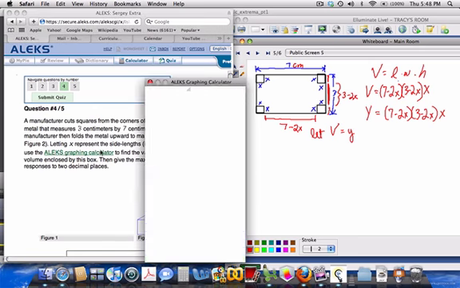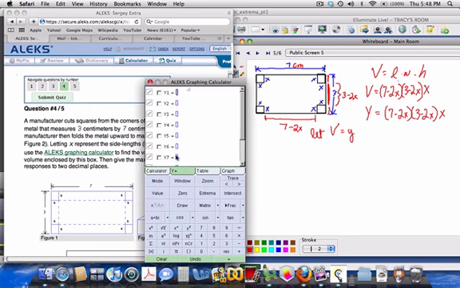Click on our graphing calculator, click on y equals, we enter our equation. Okay, so we have parenthesis 7 minus 2x, parenthesis 3 minus 2x, close parenthesis, times x. We click graph.